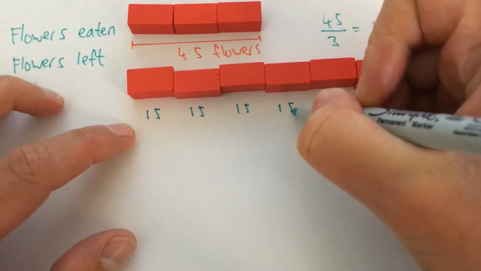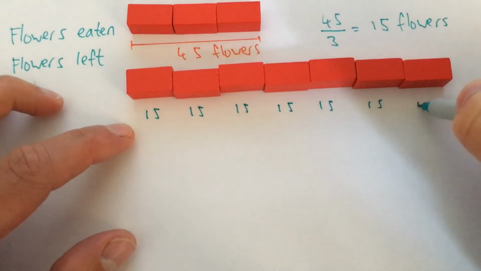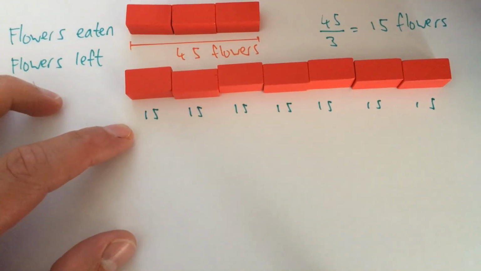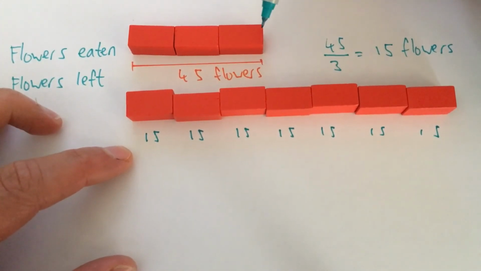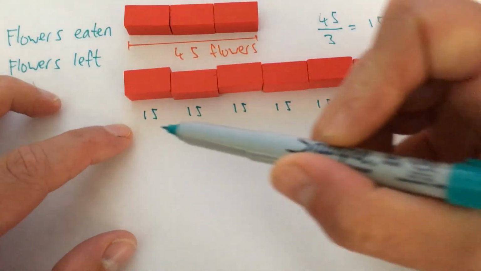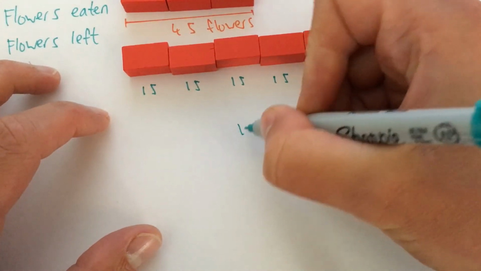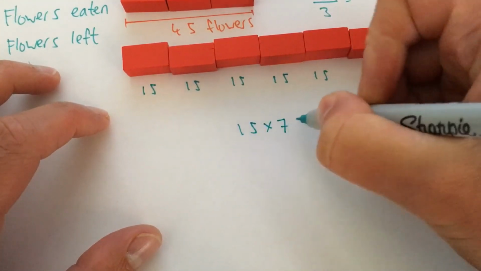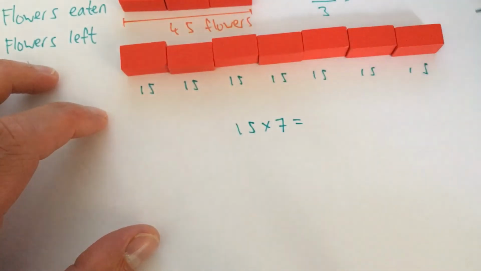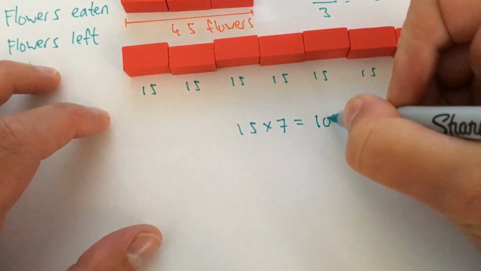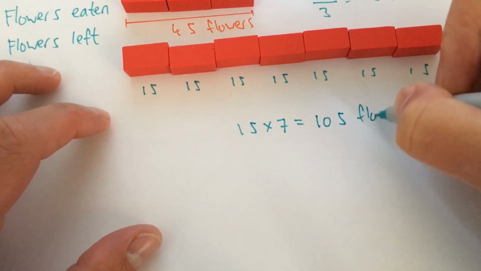So every single block is worth 15. We've got 15, 15 and 15 here to make the 45, and then we've got 15 along here 7 times. So if we do 15 multiplied by 7, that'll tell us exactly how many there are, and of course that is 105 flowers.